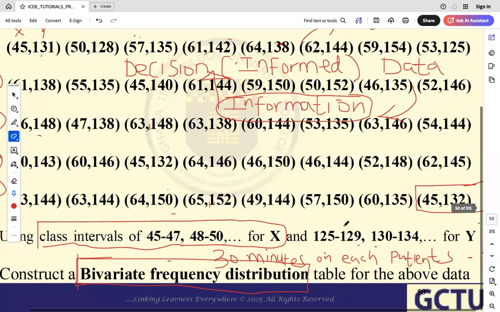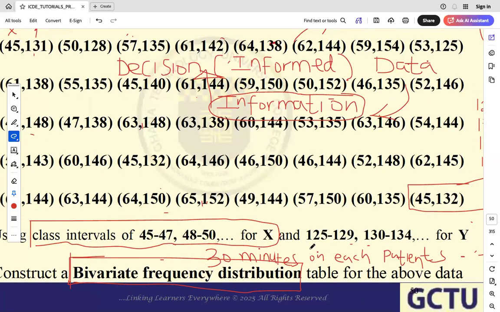Then in addition to that, class intervals for Y is also starting from a different point. They say we should start the class intervals for Y from 125 to 129, and then 130 to 134. And then just like X, we should continue.